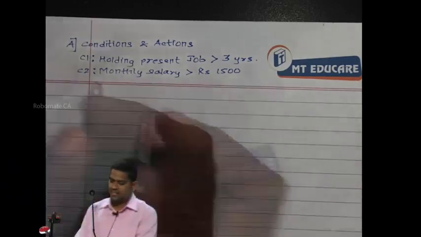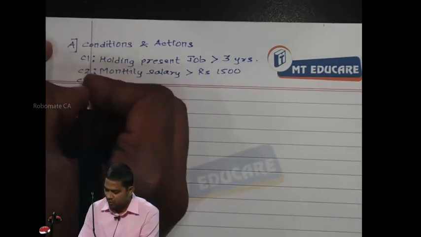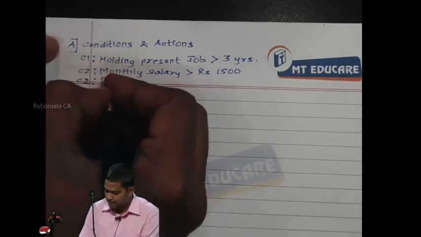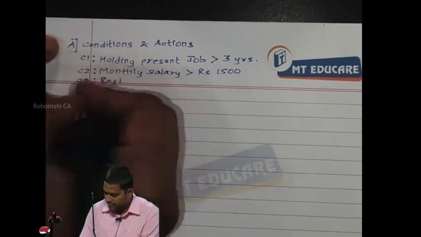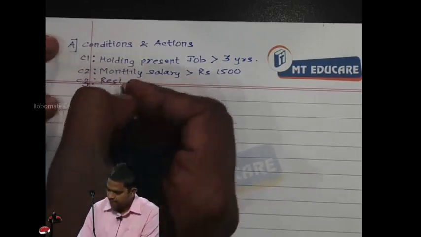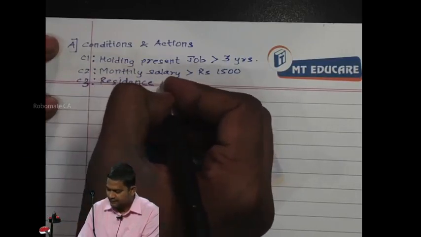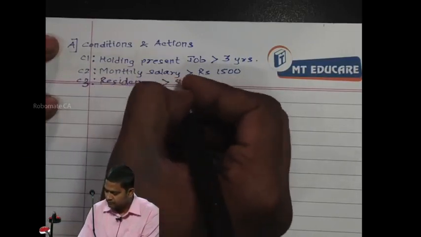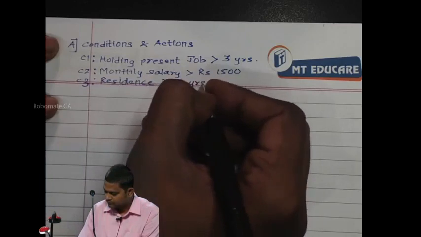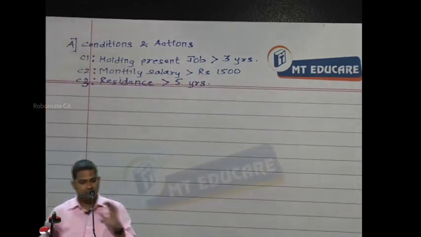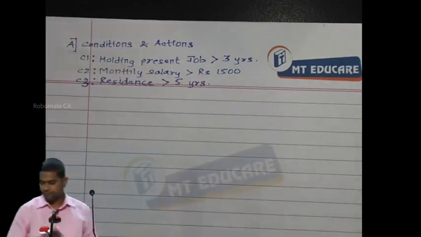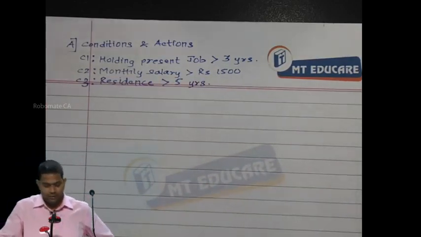This is the next condition, I am calling it C3: residence, same place, greater than 5 years.